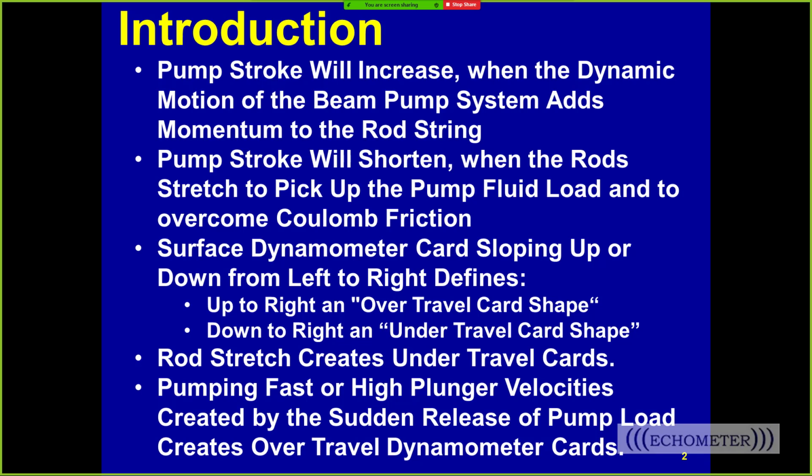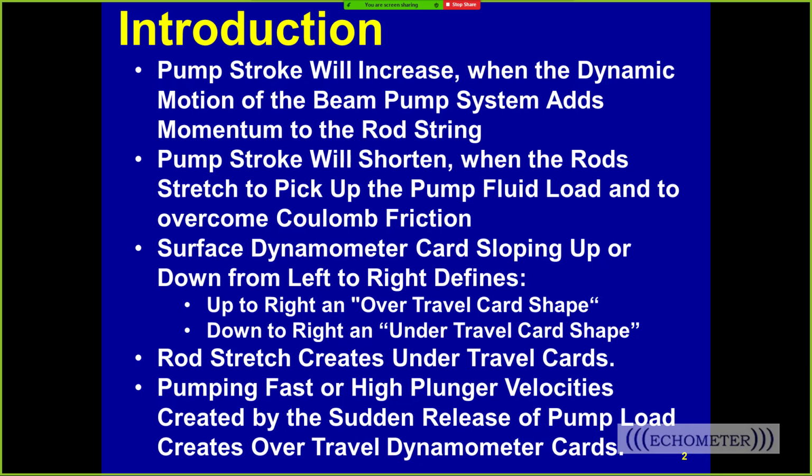And as we pump faster, we get the effect of increasing downhole stroke, which we call over travel, increasing the downhole stroke from going 0 strokes per minute. As the speed increases, the downhole stroke increases. We call that increase in stroke due to the acceleration over travel, and then the under travel is due to picking up the fluid load.